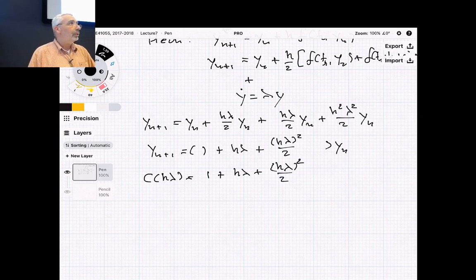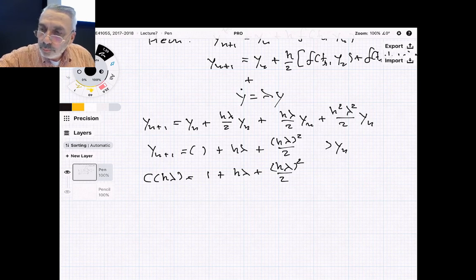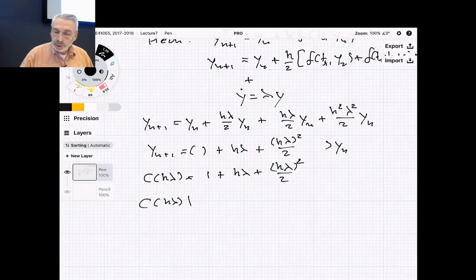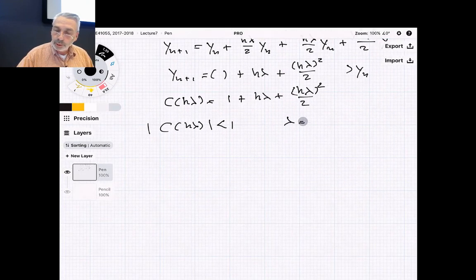Well, that does not surprise me so much. It looks a lot like the Taylor expansion of a function. But now let's look at the stability condition. So we have that the absolute value of this should be less than 1. So again we go to the complex plane, because this lambda can be just this a plus bi.